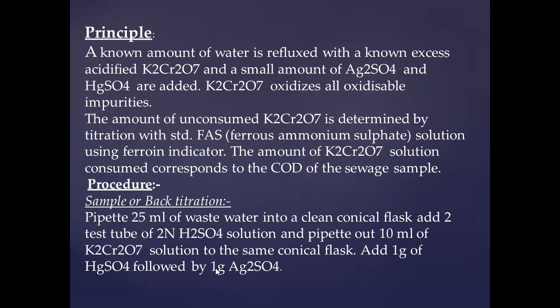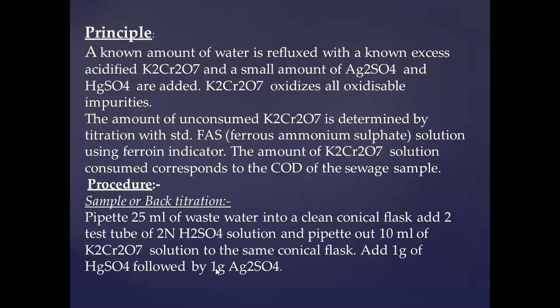That is, if any pyridine components are present in the wastewater, they will be removed by this HgSO4. Then the amount of unconsumed K2Cr2O7 is determined by titration with FAS. Once the oxidation is completed, the entire setup is cooled to room temperature. Then the solution is titrated against FAS solution.